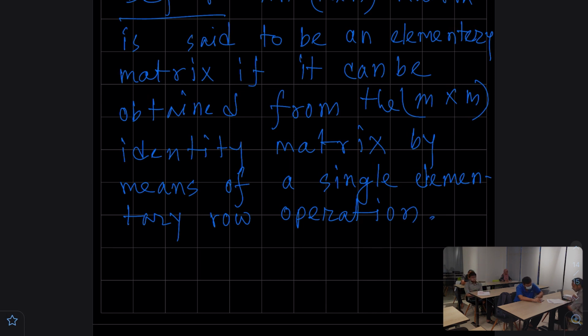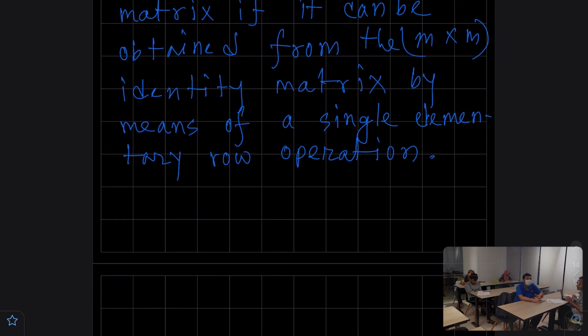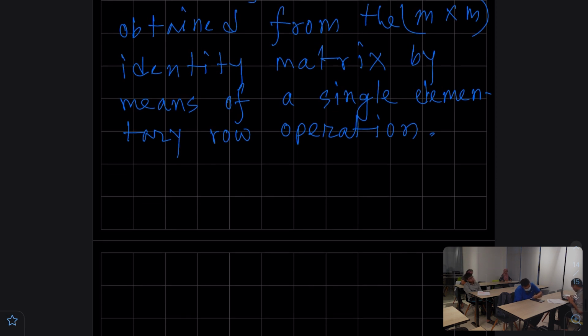So let me give you an example, then you can see why this is like this. The third elementary row operation, what was that? We exchange the rows. So let us consider the 2 cross 2 identity matrix, that is 1 0 0 1.